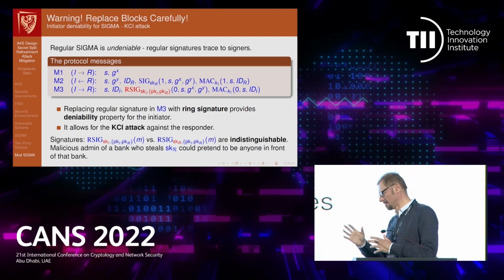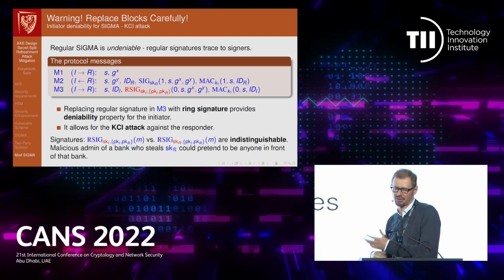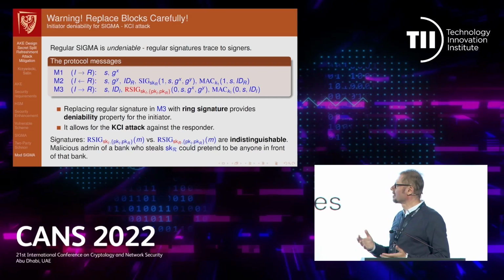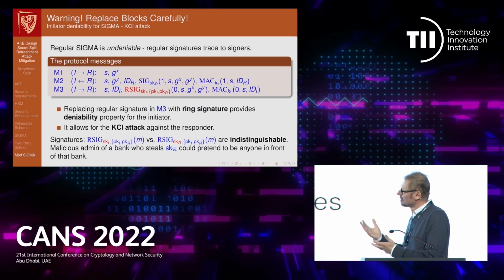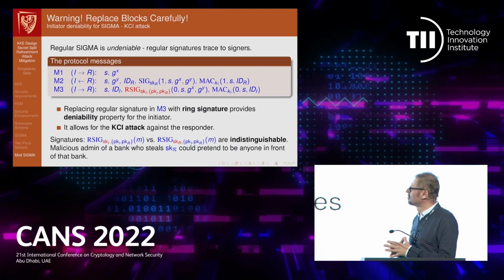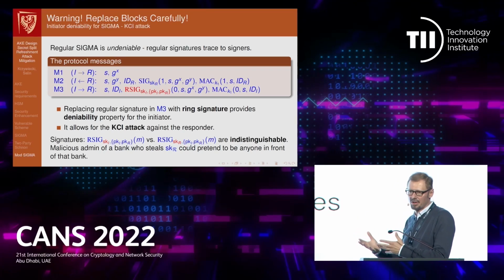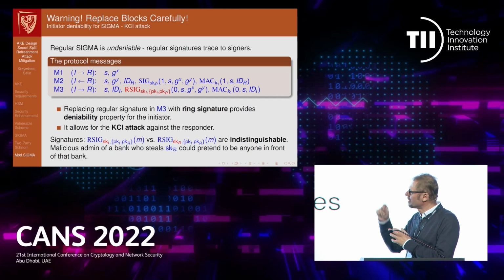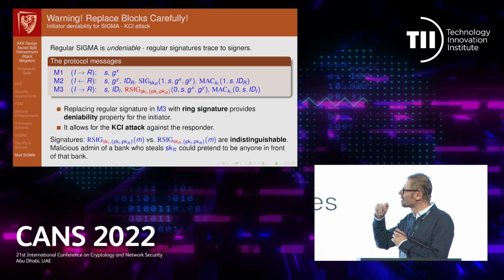So the protocols that allow for such tracking are not deniable. We call them non-deniable protocols. So if we would like to have deniability in sigma, we can, for example, replace the regular signature with its anonymous equivalent, which is ring signature, actually.